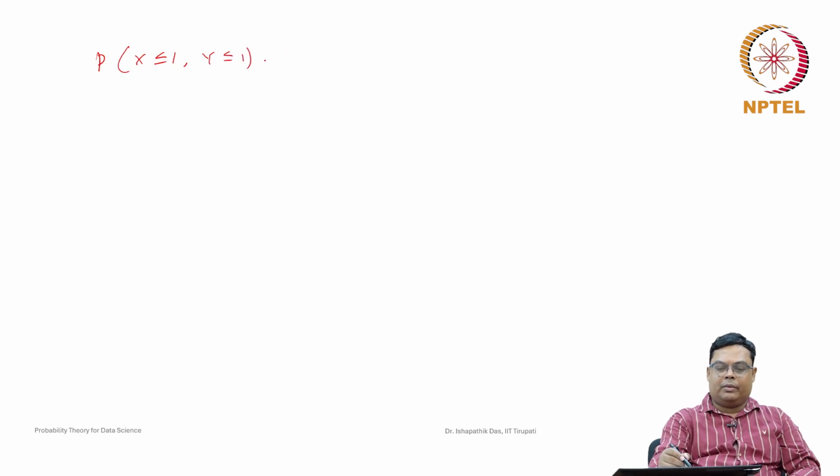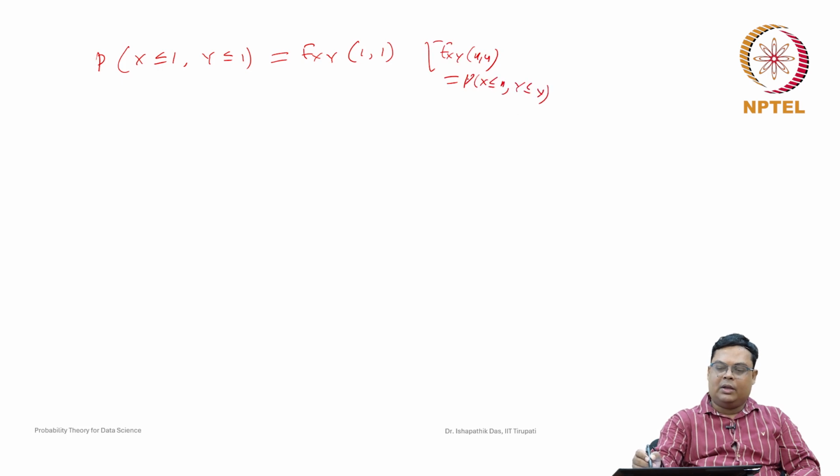By definition, this is nothing but F_XY(1, 1), because the definition is the probability of X less than or equal to x, comma, Y less than or equal to y. So, put x and y equal to 1. This function we know is (1 minus e to the power of minus alpha times 1) times (1 minus e to the power of minus beta times 1).